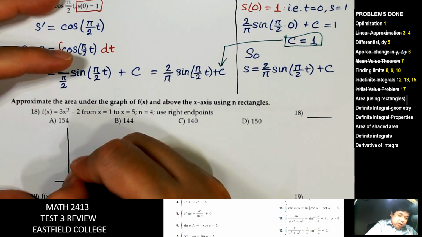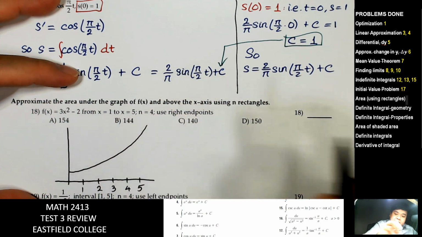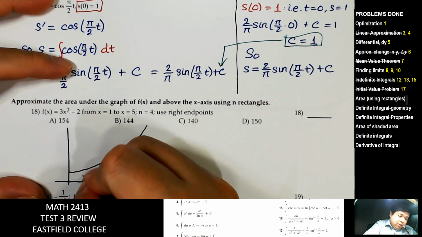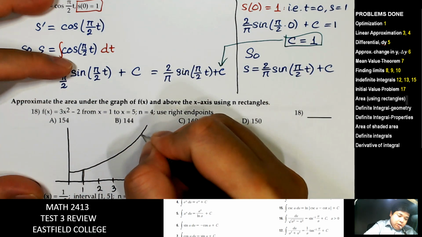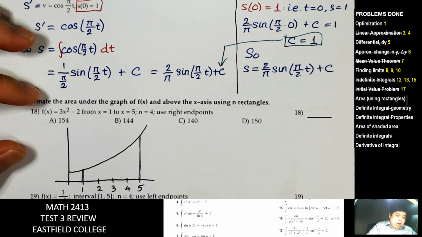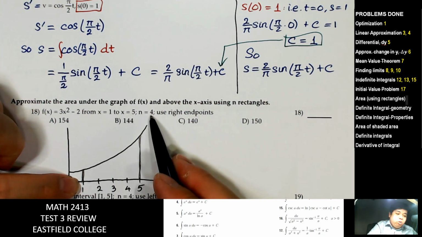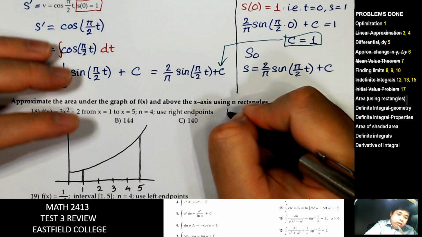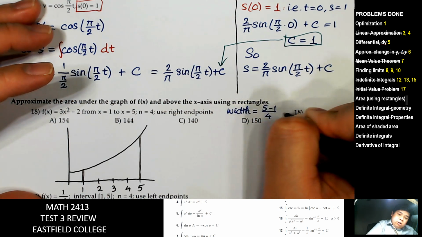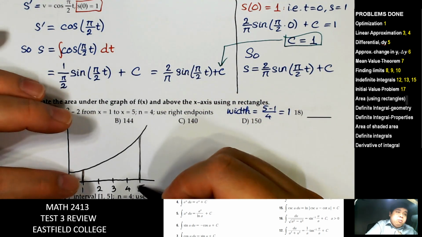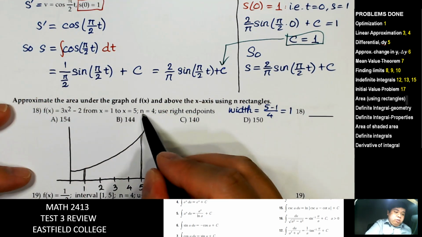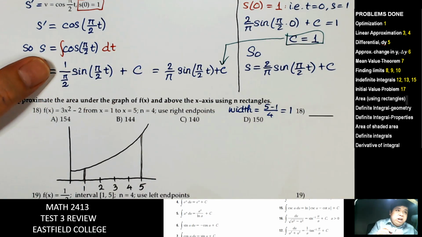Let's say the function, the curve, goes like this, and we'll estimate the area. That goes from 1 to 5, and using 4 rectangles. So from 1 to 5, we divide into 4 rectangles. So let's just find the width. It's 5 minus 1 over 4, which is 1. The total length is 4, and then divide by 4 rectangles. So the width for one rectangle is 1.